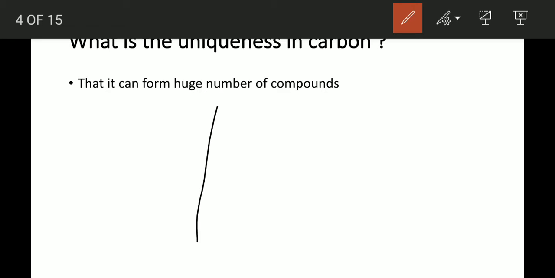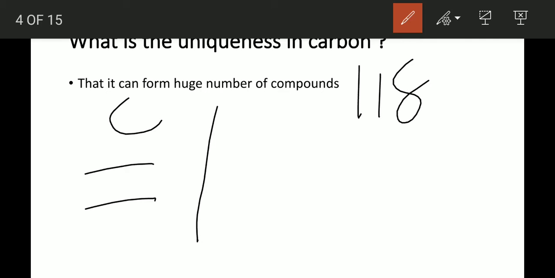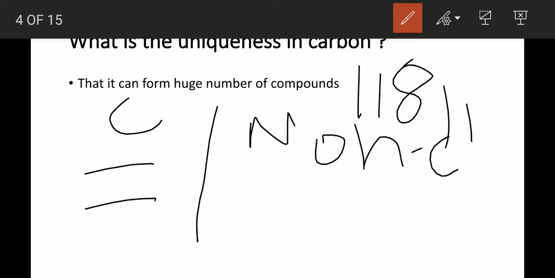Suppose you take carbon compounds on one side. Presently we have 118 elements. From those 118 elements, leaving carbon, keep all the non-carbon compounds on one side and only carbon compounds on the other side.